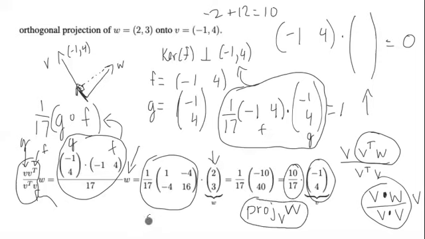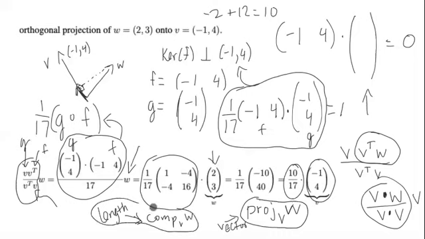In contrast to something like this, when we take the component of W on V, that's a length, but this is a vector. And this guy right here is a length.